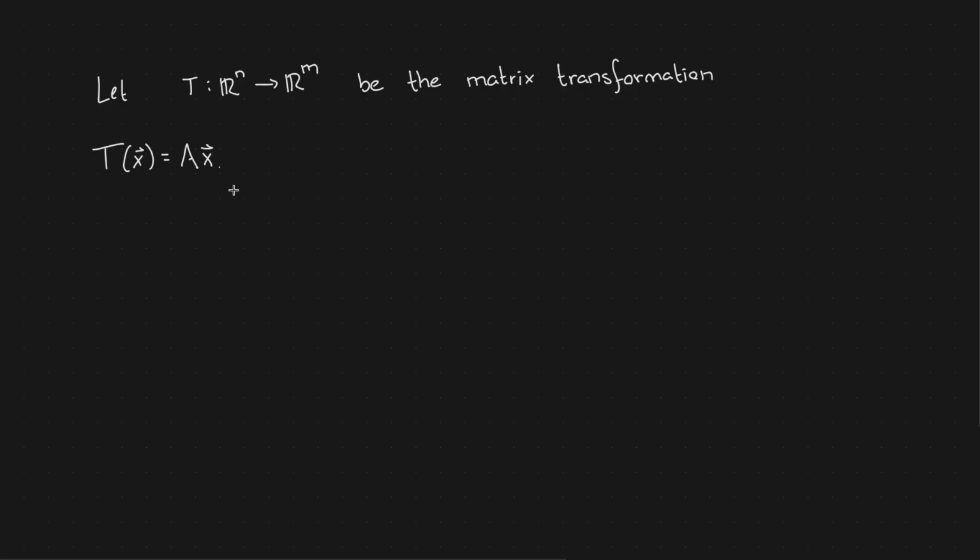Let's take any two input vectors from our domain. So let's let vector u and vector v be in Rn, and choose some value k that's a scalar.